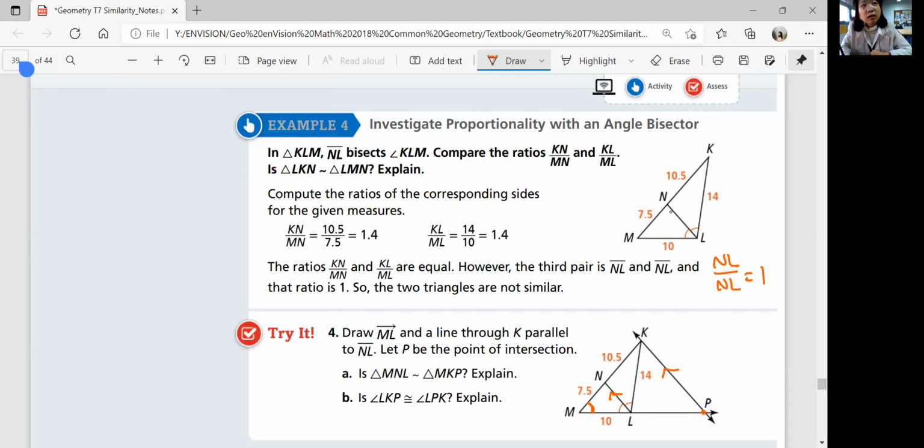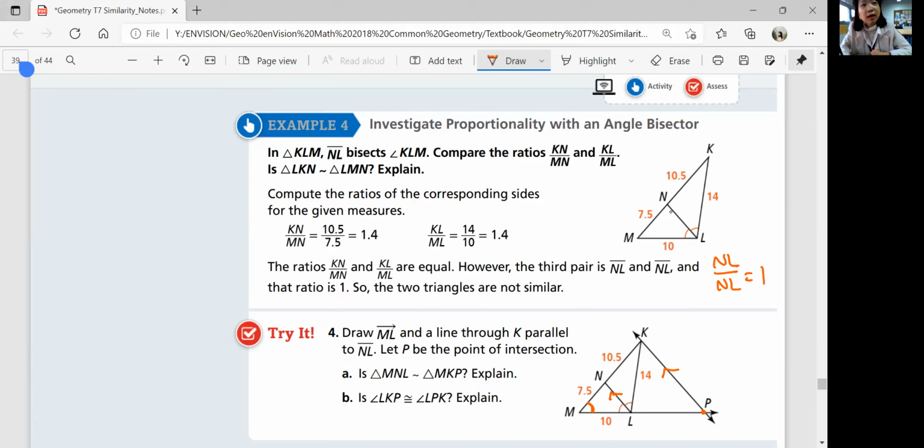But here, you can check if they're proportional. We don't know LP, so how can we reason this out? Use the information of the parallel lines. If you have two parallel lines and MP is a transversal, what do you know about the corresponding angles?